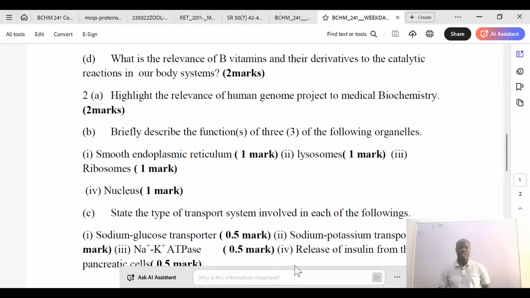The 2a says: highlight the relevance of Human Genome Project to medical biochemistry. Highlight the relevance of Human Genome Project in medical biochemistry.